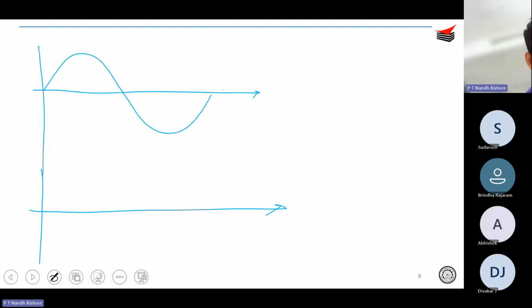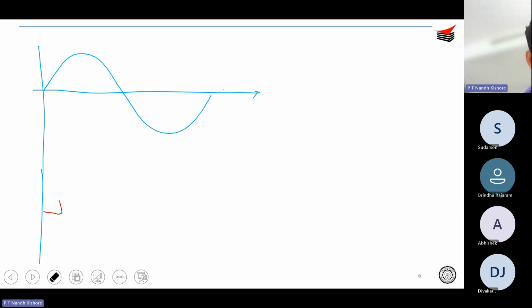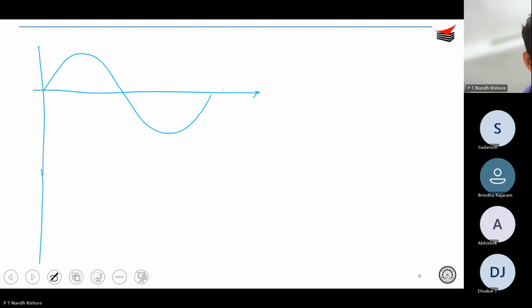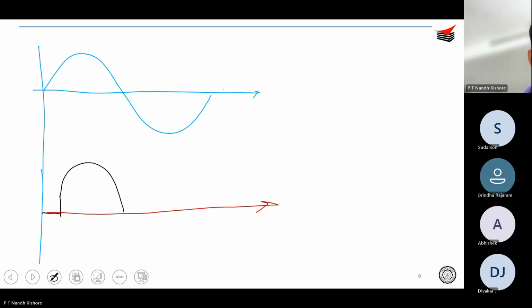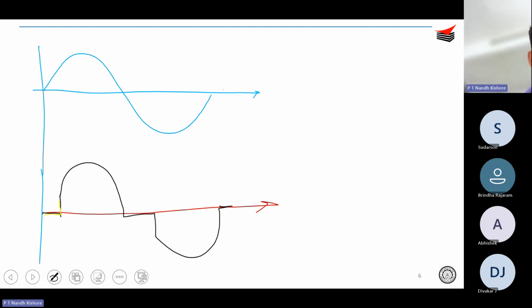And your output is going to be something like this. In case you have an R load, your current is also going to be the same way. So this is your current.